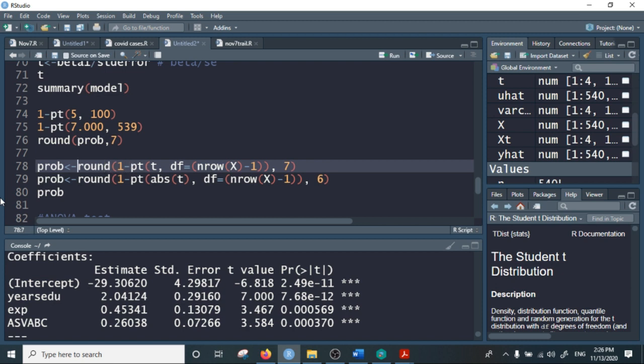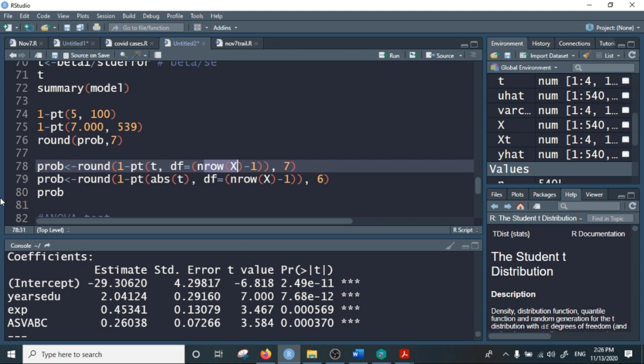We'll first use the round function, then 1 minus pt, then the t vector, then degrees of freedom equal to the number of rows minus 1. You can write just 540 minus 1, or you can just write 539 in this case. But I have put the code so that you can use it in other cases also.